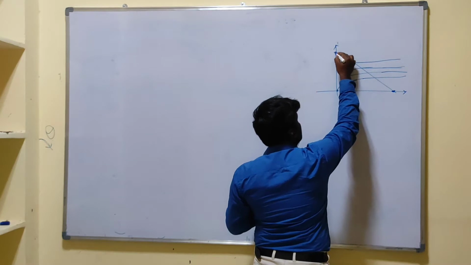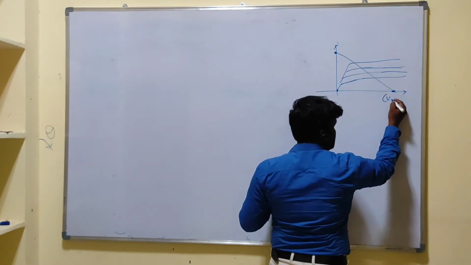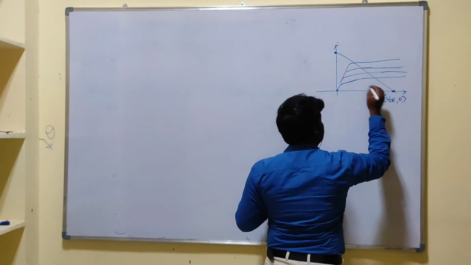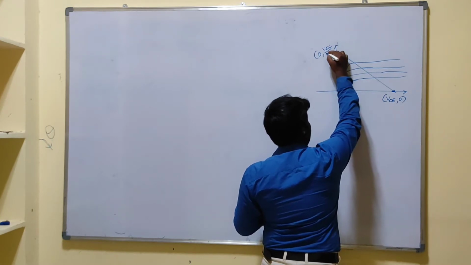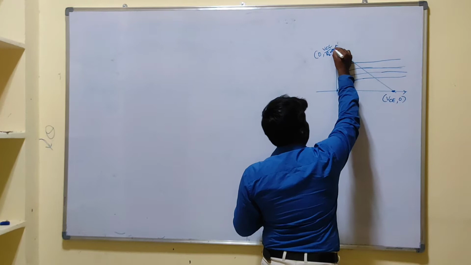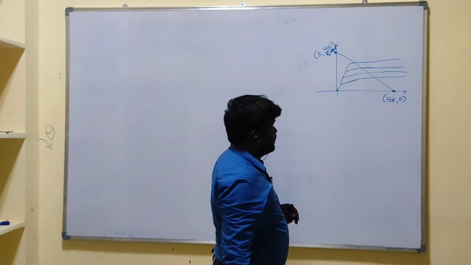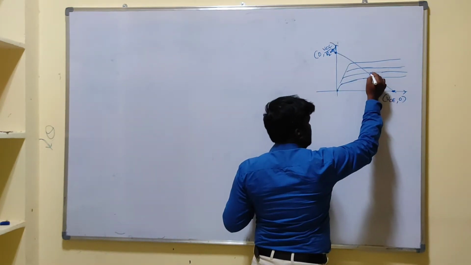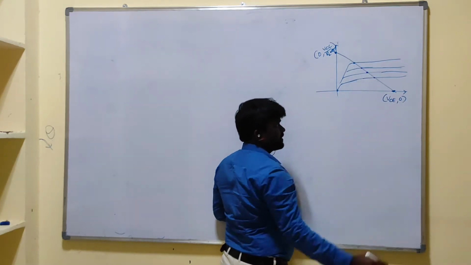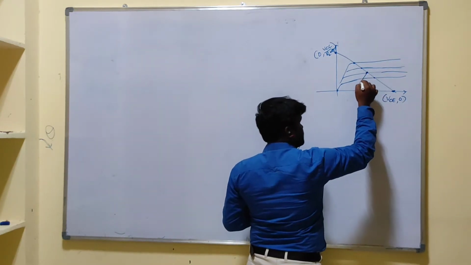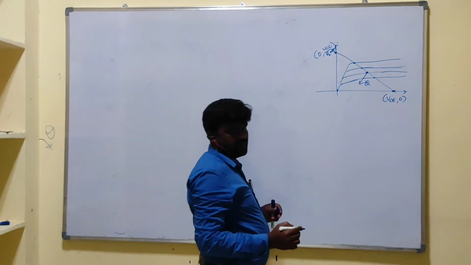This one is VCE comma 0, and this one is 0 comma VCC by RC plus RE. These are the intersection points of the DC load line and CE characteristics. This point is known as the operating point or Q point.